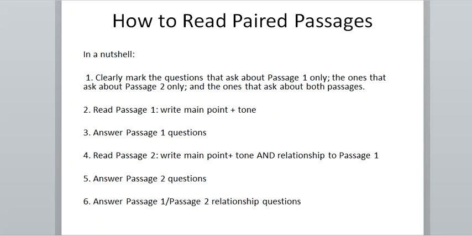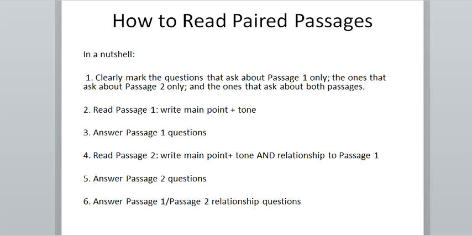How to read paired passages. Now here's the thing, in a nutshell, clearly mark the questions. Mark the questions that ask about passage 1 only, the ones that ask about passage 2 only, and the ones that ask about both passages. Okay, so first things first, look through the questions relevant to these paired passages.